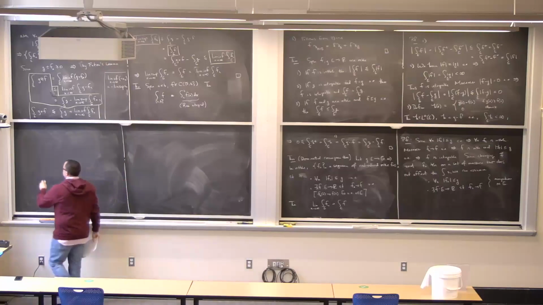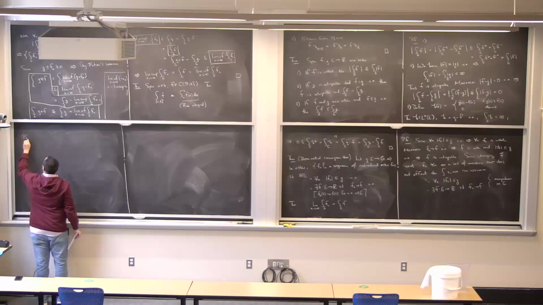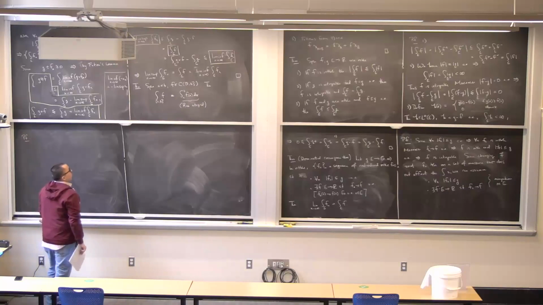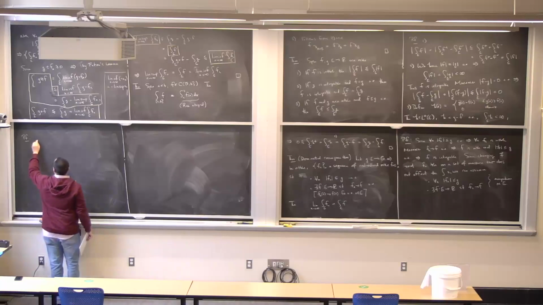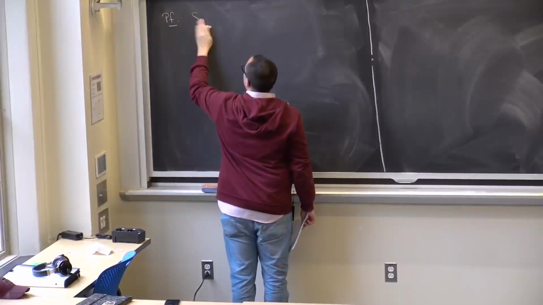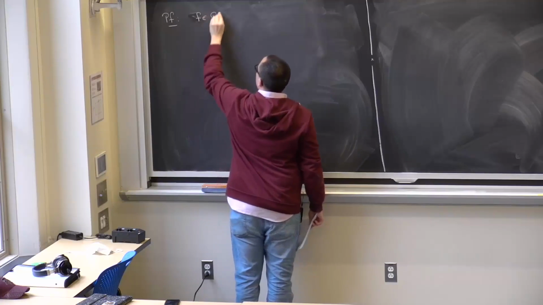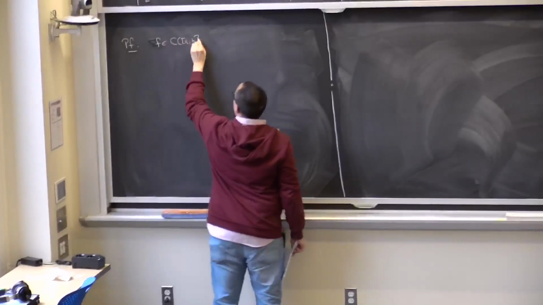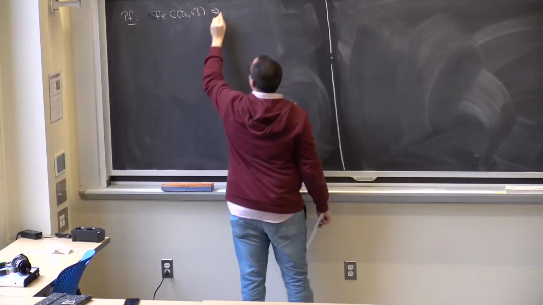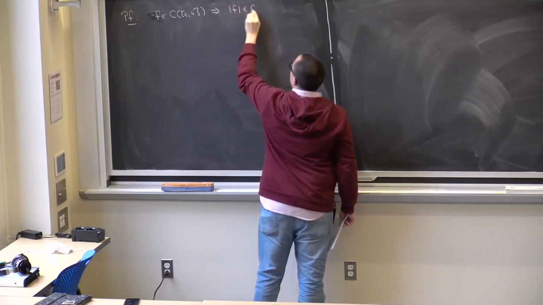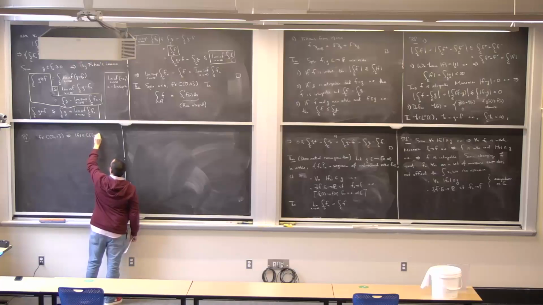So proof. We first show f is Lebesgue integrable. Since f is continuous, this implies that the absolute value of f is also a continuous function.